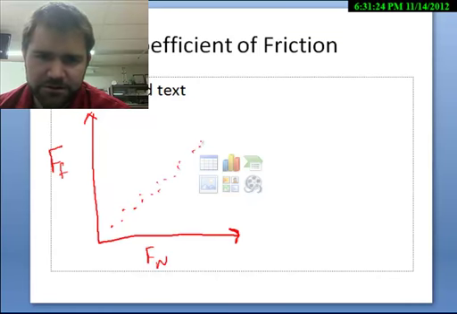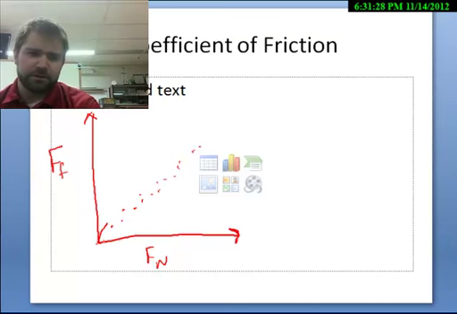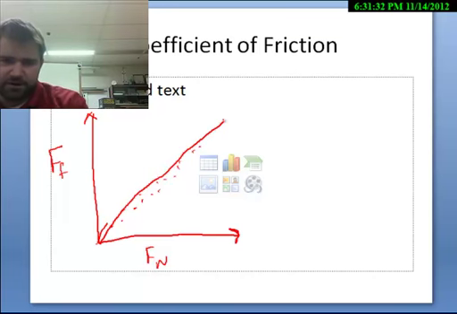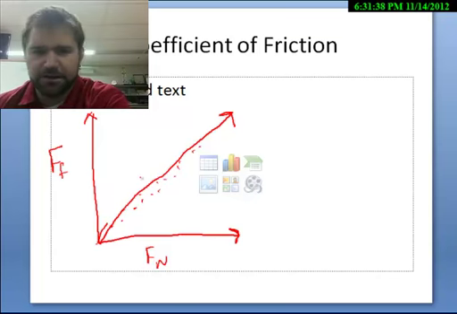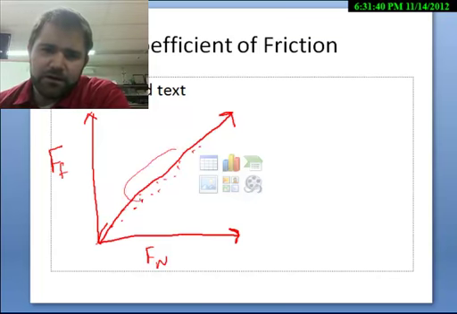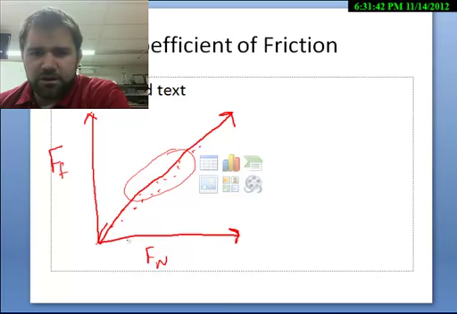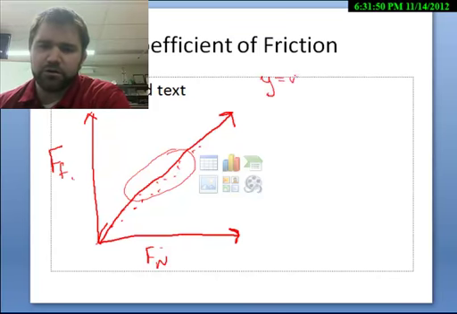And we would plot these points, and these points would give us a line. We'd find a best fit line, if I can draw it here. Okay, far from a perfect best fit line, but you get the idea. And then we could find the slope of this line. It tells you the rate at which the frictional force increases as the normal force increases. And so that would be our coefficient.